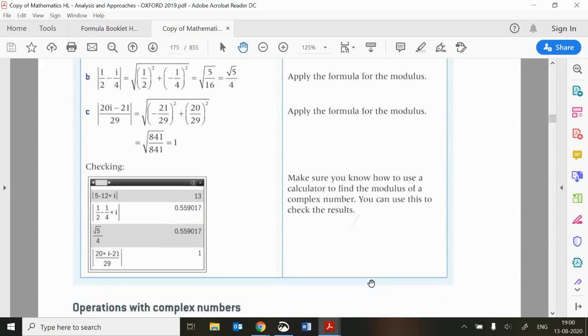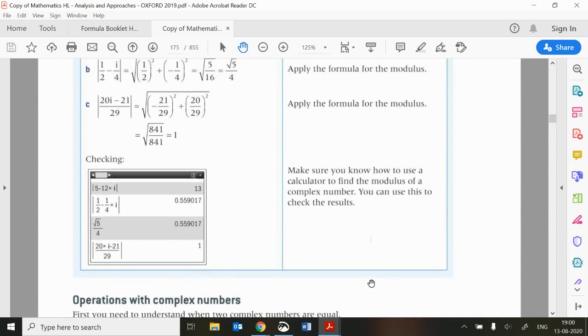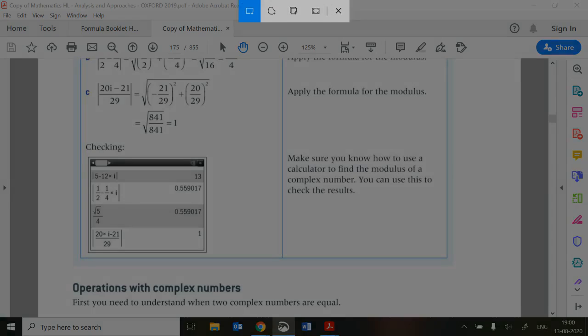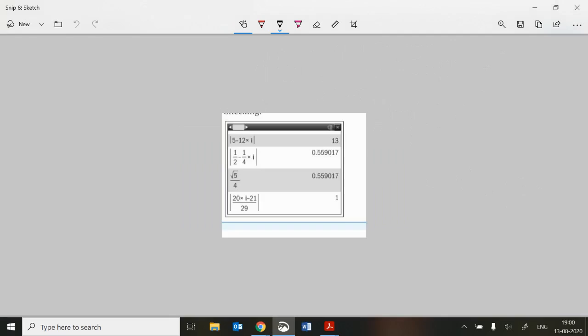So there we go. You can see what they're doing on the calculator there. They're saying, come up with your modulus brackets, and you can put in 20i, but they've put a times in there.